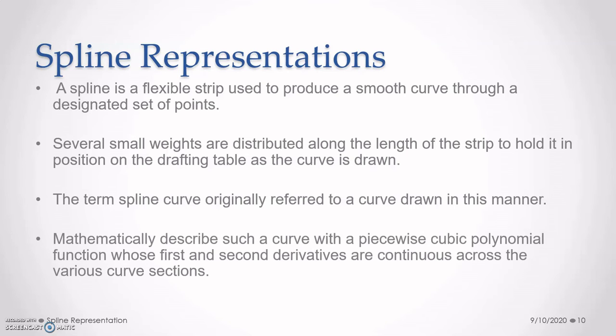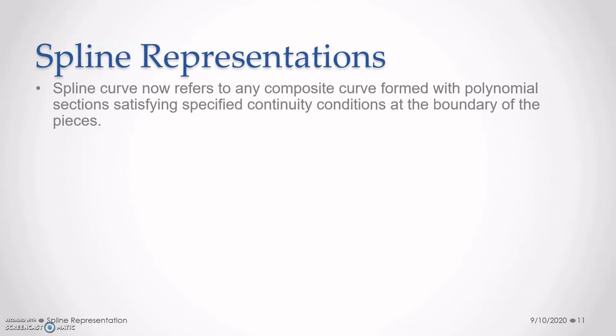Mathematically, such a curve is described with a piecewise cubic polynomial function whose first and second derivatives are continuous across the various curve sections. So spline curve now refers to any composite curve formed with polynomial sections satisfying specified continuity conditions at the boundary of the pieces.